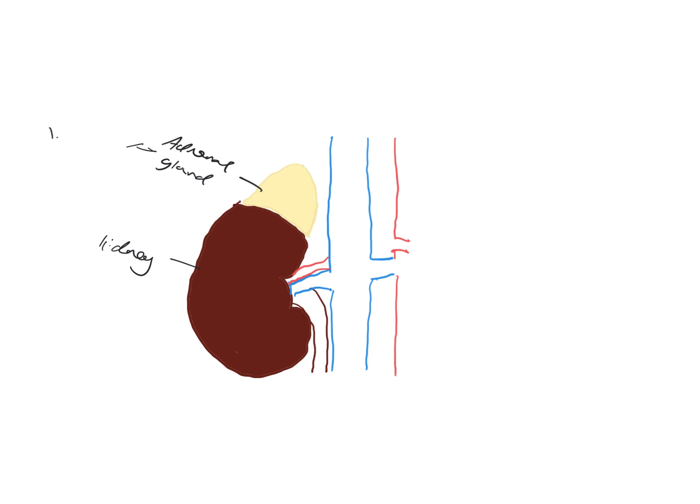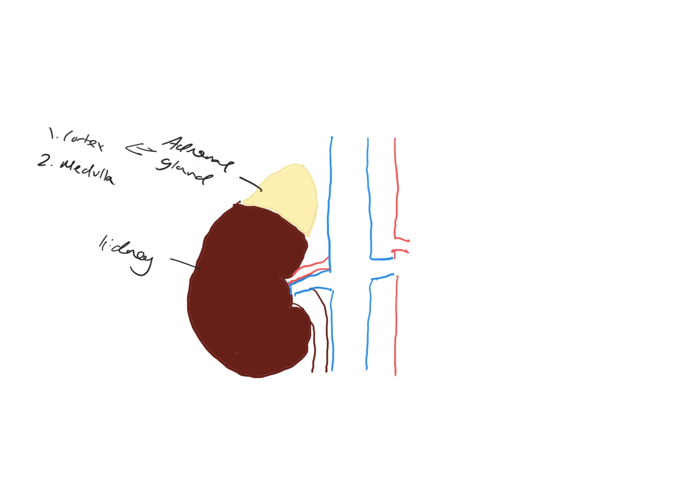The first of these is our cortex, and the second is the medulla. Now, if we look at those two different parts, we actually see the secretion of two different hormone types.